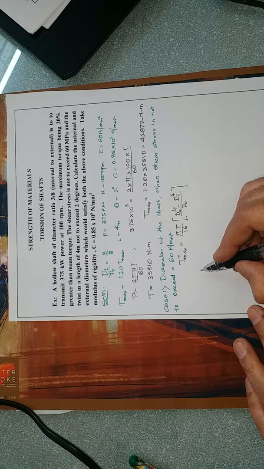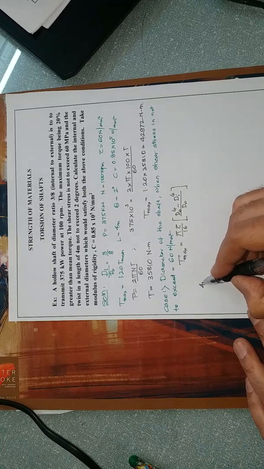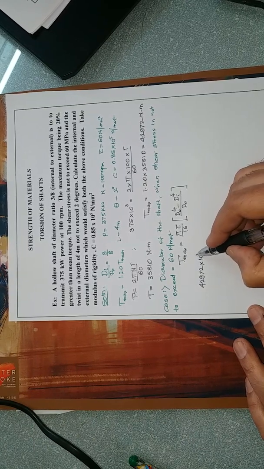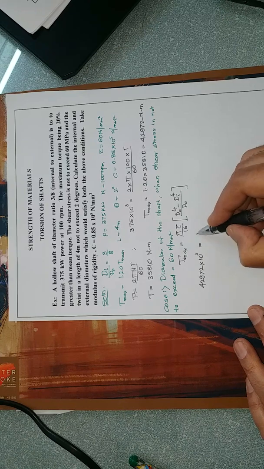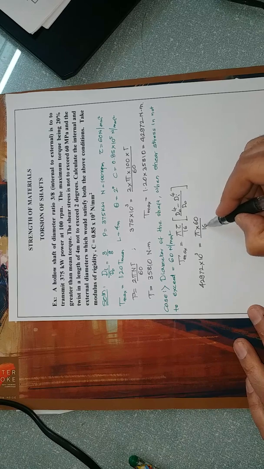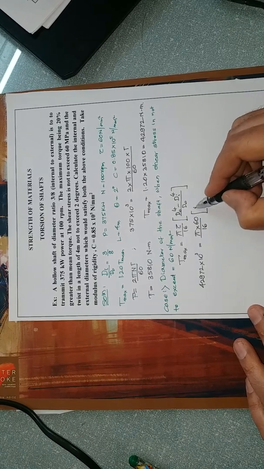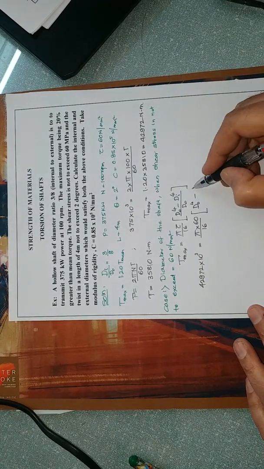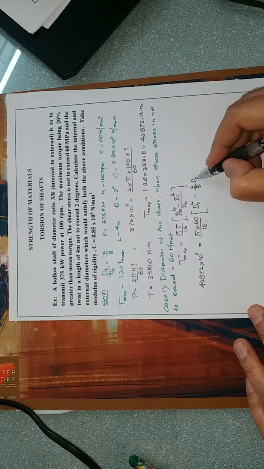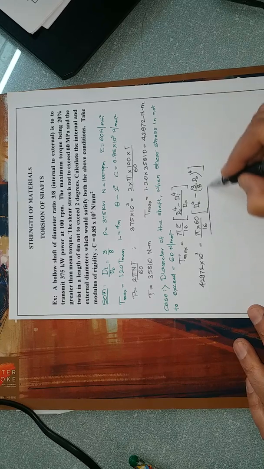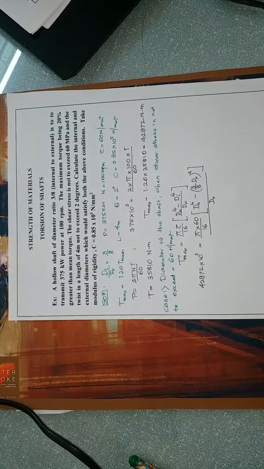So T max, 42,972 into 10 raised to 3 for Newton millimeter, is equal to pi into 60 divided by 16, then d naught raised to 4 minus di raised to 4, where di is equal to 3 by 8 d naught, as given in the problem, whole divided by d naught. From this you have to calculate the value of d naught.